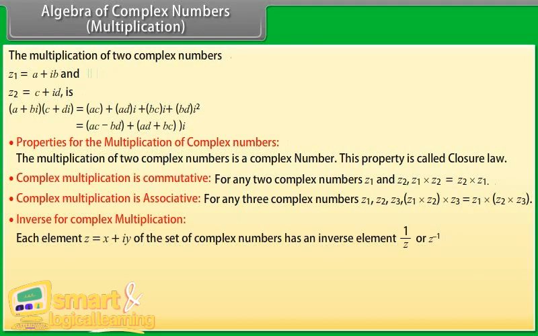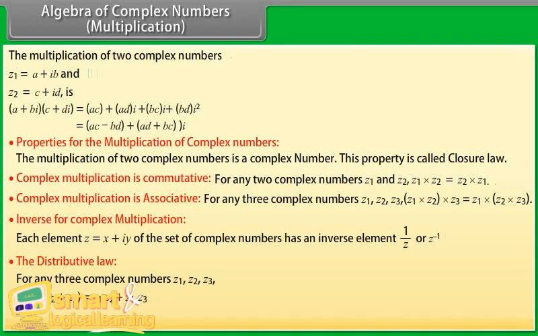Each element z is equal to x plus iota y of the set of complex numbers has an inverse element, 1 by z or inverse of z. The distributive law. For any three complex numbers z1, z2, z3, z1 into z2 plus z3 is equal to z1 into z2 plus z1 into z3. z1 plus z2 into z3 is equal to z1 into z3 plus z2 into z3.